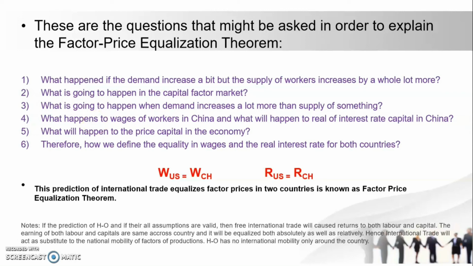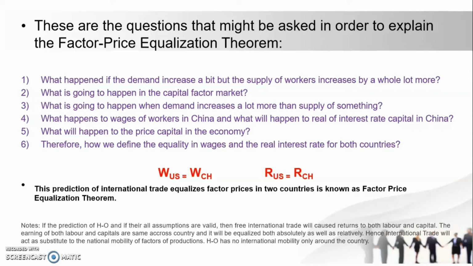Opposite to the US, in China the toys industry is expanding while the microchip industry is contracting. As the toys industry expands, the demand for workers is going to go up by quite a bit because toys, as we know, require a lot of labor to produce.